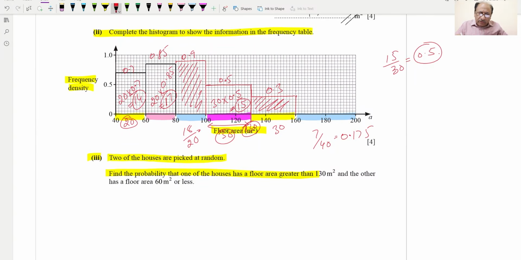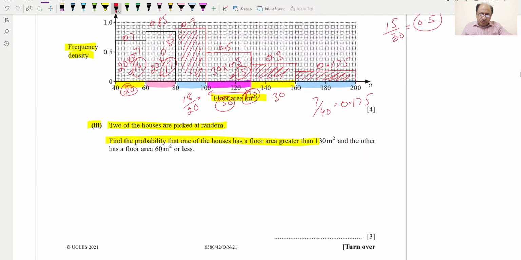So 0.175 will be closer to 2, like this, and this will be the bar, and we can write the height 0.175. Now this histogram is done.